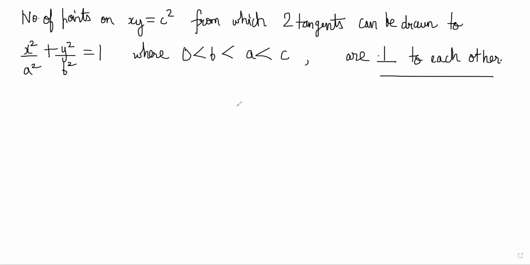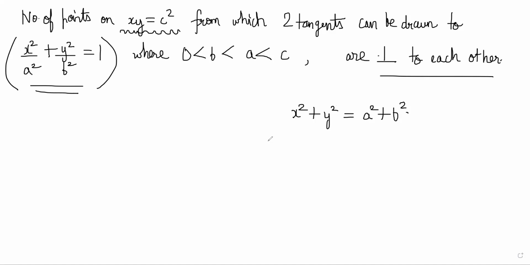So we need points from where you can draw perpendicular tangents. For perpendicular tangents to the ellipse, we remember that the locus of such points is the director circle of the ellipse. So points from where perpendicular tangents can be drawn will always lie on the director circle, which is this.